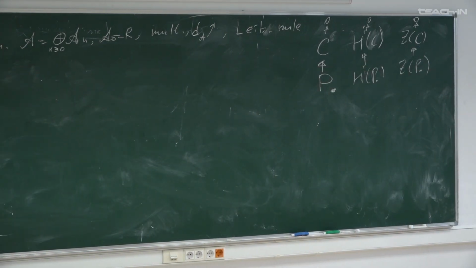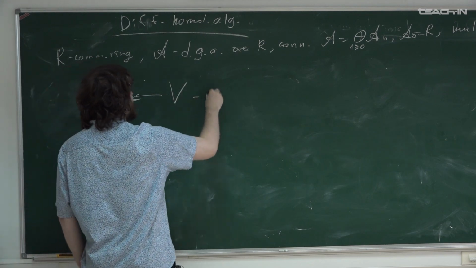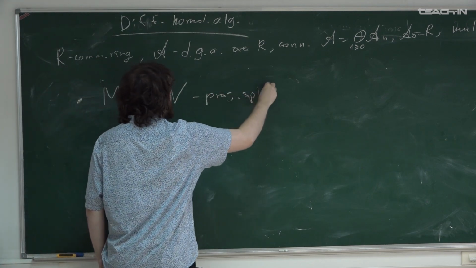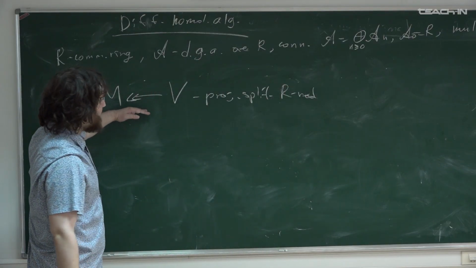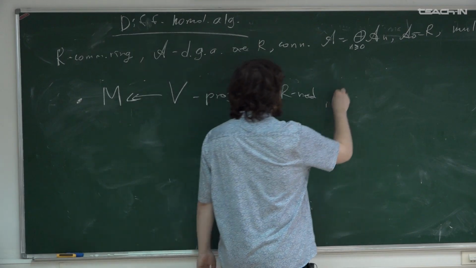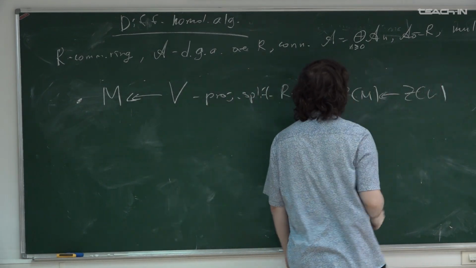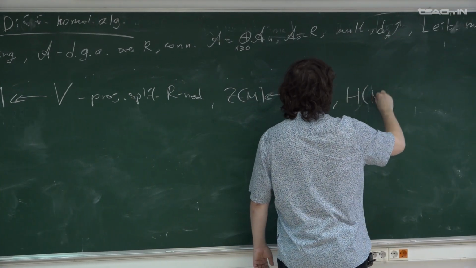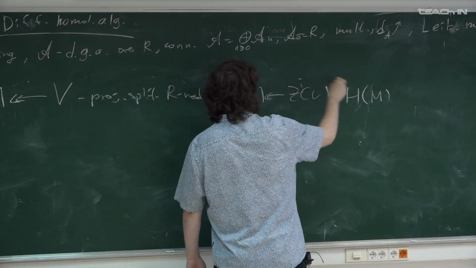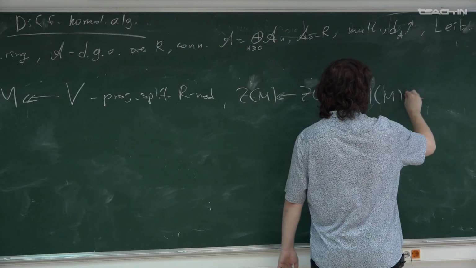So if I have this epimorphism from a projective splitting R module, then in fact this epimorphism is proper. So in fact it's also an epimorphism on cycles by construction over R, and on homologies and so on. On homologies, it's also surjective. Oh yes, I don't write degrees.